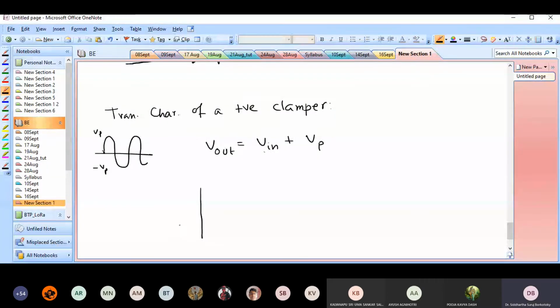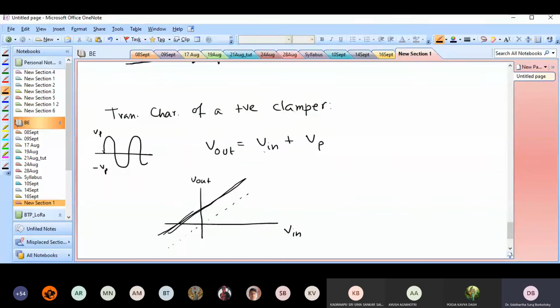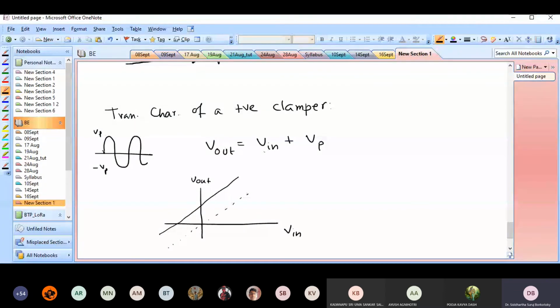So in this case, if Vp were 0, then I would just have this line, right? V in, V out. But of course, Vp is not 0. So what I would have is something like this. Is this correct? So basically, what I have is a straight line, but it has an intercept which is greater than 0.